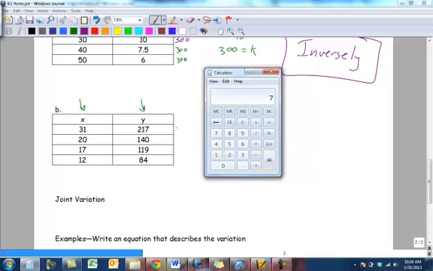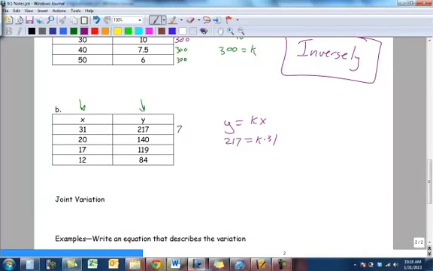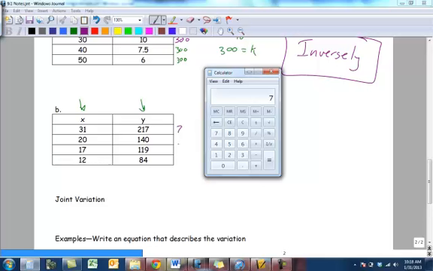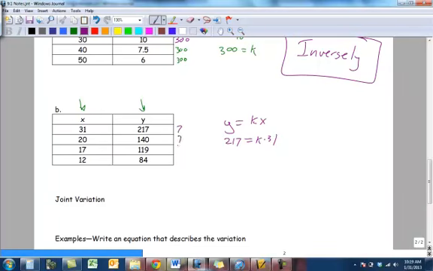I got 7. All right, divide all of these. 140 divided by 20, 7. 119 divided by 17, 7. 84 divided by 12 is 7. All these came out to be 7. K is equal to 7.